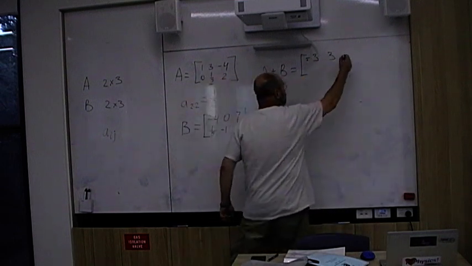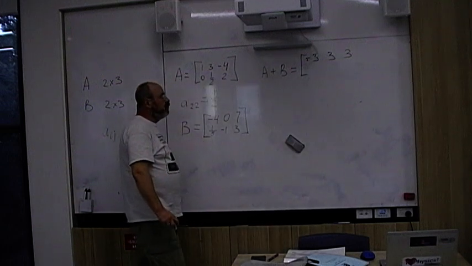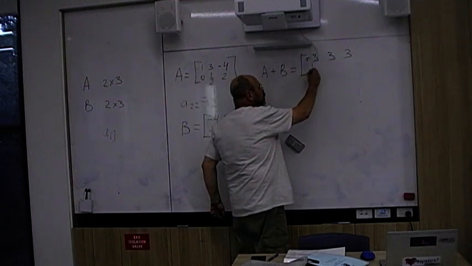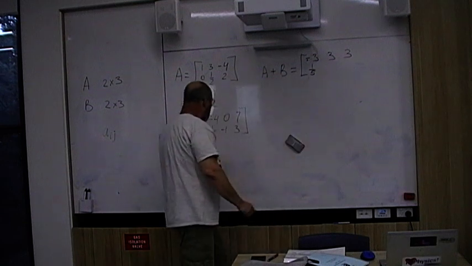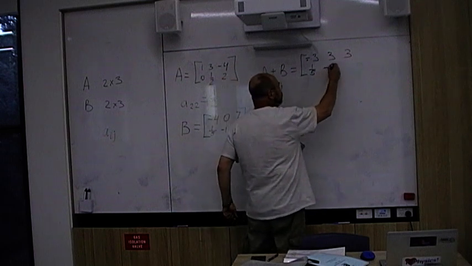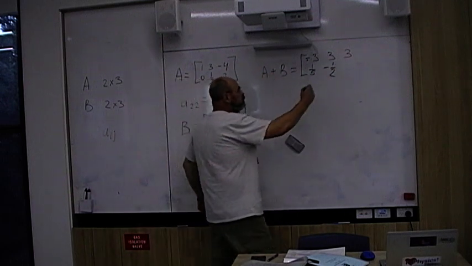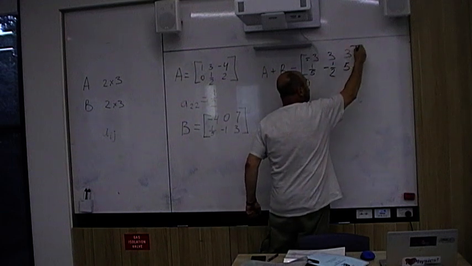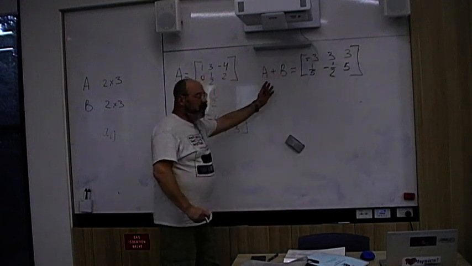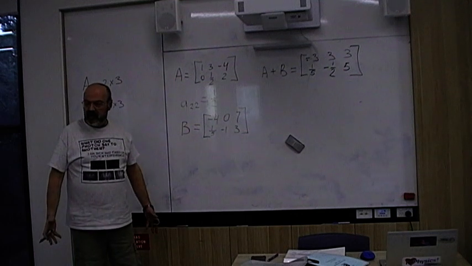Minus 4 plus 7, 3. 0 plus 1/5, 1/5. Minus 1 plus 1/2, negative 1/2. 3 plus 2, 5. That will be matrix A plus matrix B. Make sense? Very simple.